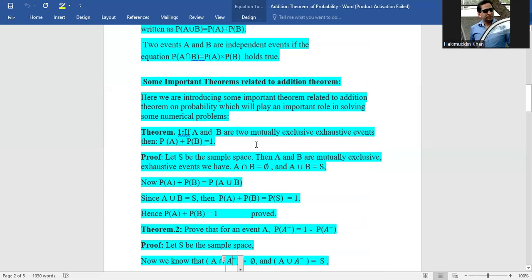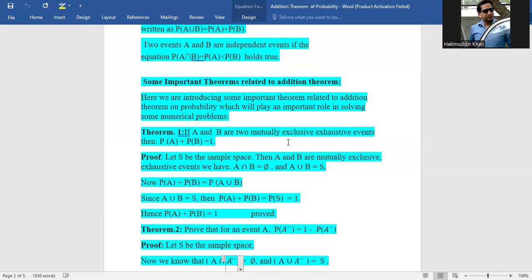and B are two mutually exclusive and exhaustive events, then P of A plus P of B is equal to 1.